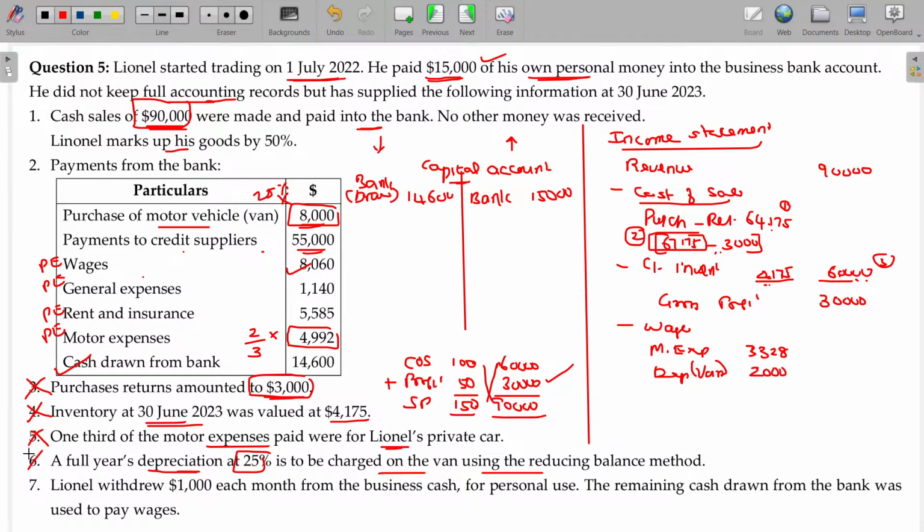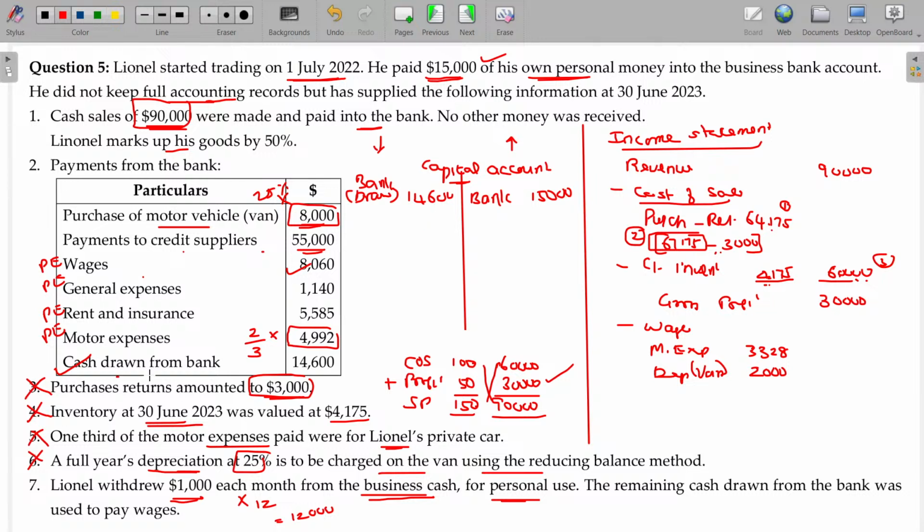Lionel withdrew 1,000 each month from the business cash for personal use. From 1st July to the next year, 1,000 per month means 12,000 rupees withdrawn for the 12 months. Clear? Now what about that 14,600?